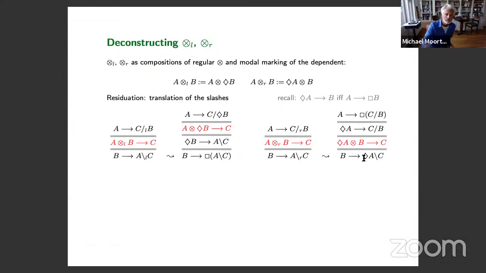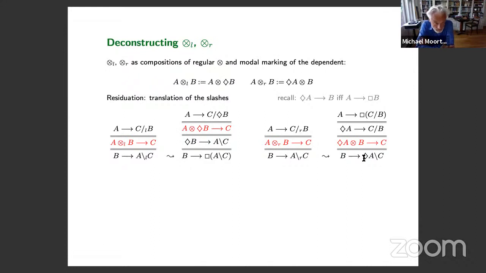Okay, so that's all nice and well. And what we can do now is look at these two headed products and see whether we can deconstruct them and view them as compositions of the regular tensor operation with the modal marking of the dependent, because that's the element that's going to be the semantically significant one.